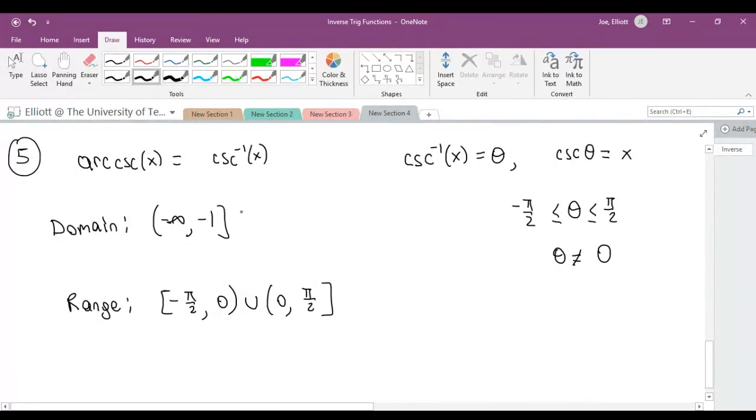So everything from minus infinity to minus 1, as well as everything from 1 to infinity, like that, okay? Okay, so that's inverse cosecant.